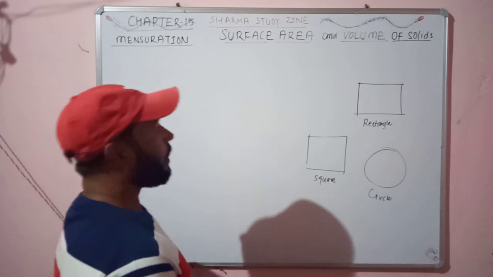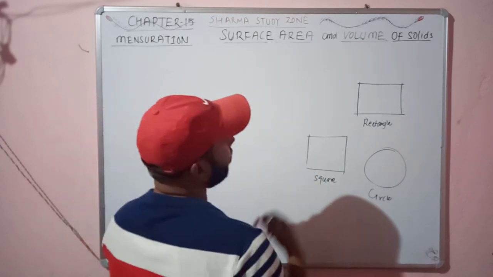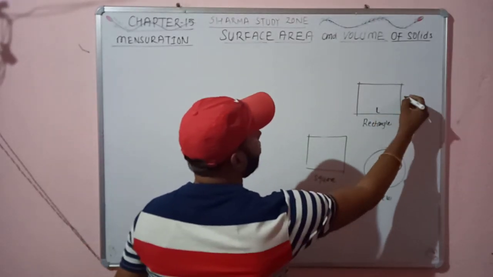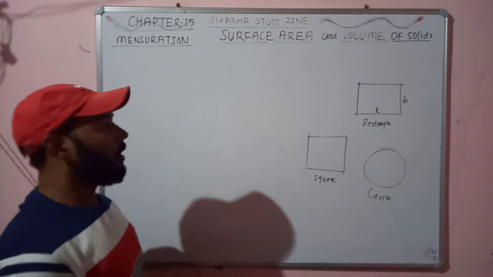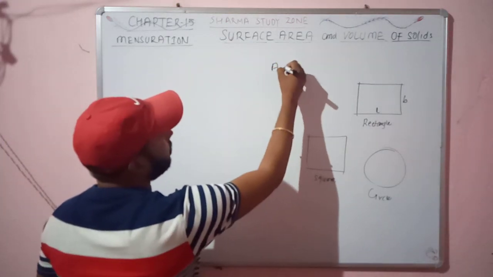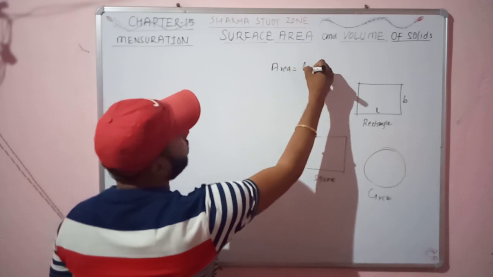Okay, so as we know about the rectangle, in a rectangle there are two dimensions, length and breadth. And for this we know that the area of rectangle is length into breadth.